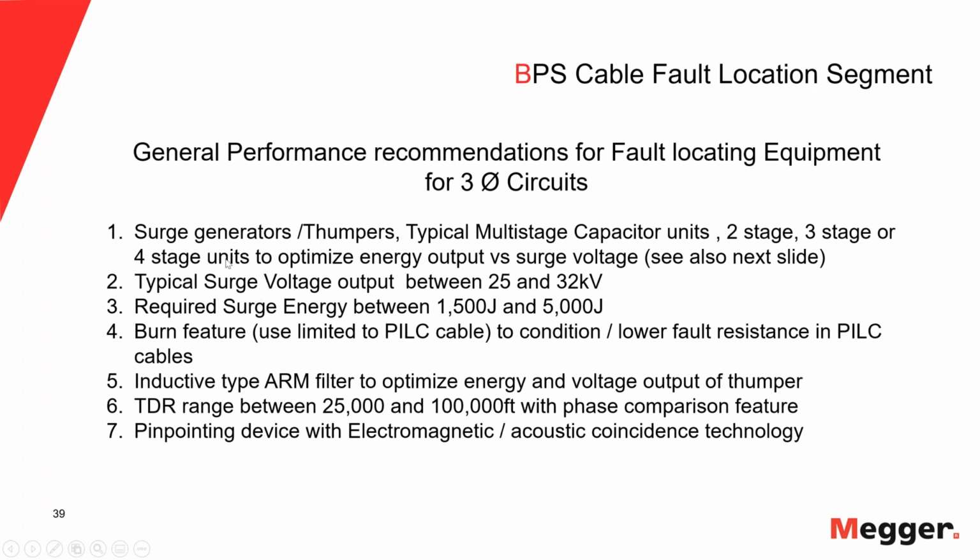The surge voltages should be between 25 and 32 kV, but with multi-stage, so you also have lower voltage stages. The energy should be not less than 1,500 joules, and 5,000 joules is a pretty good number to have, especially if you have 5,000 joules at maybe 8 kV or 16 kV.